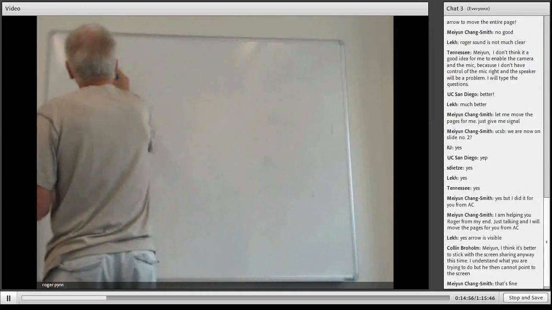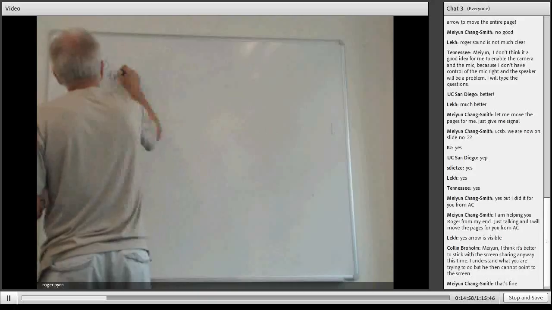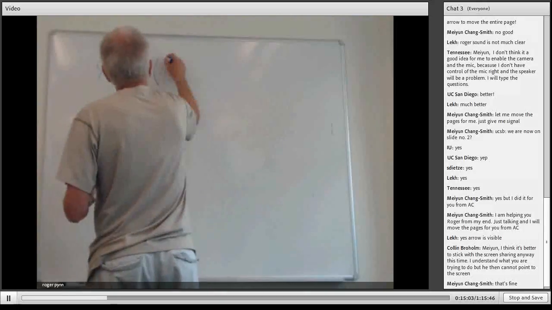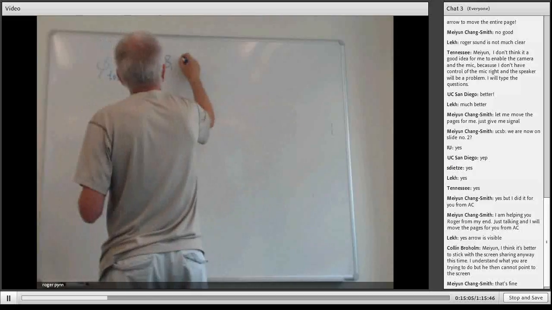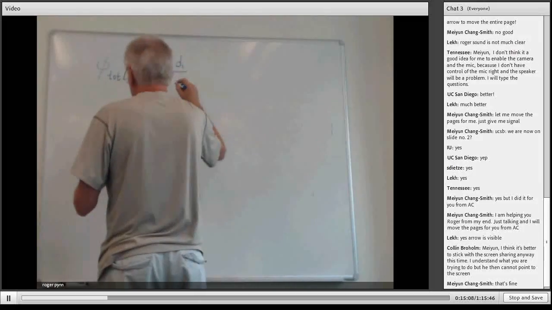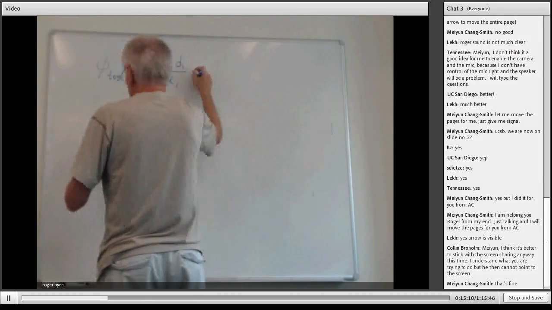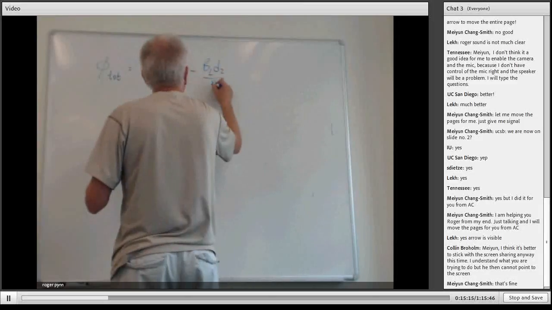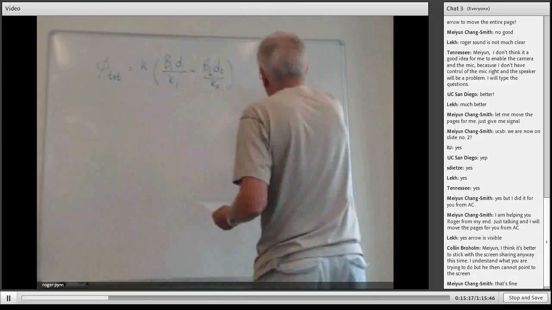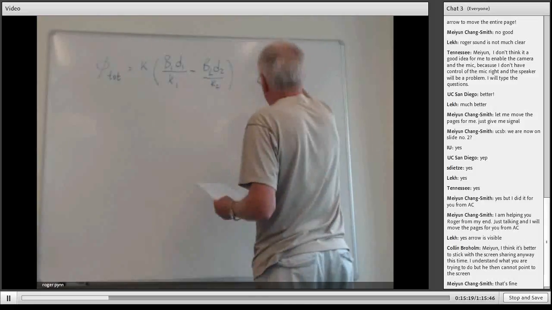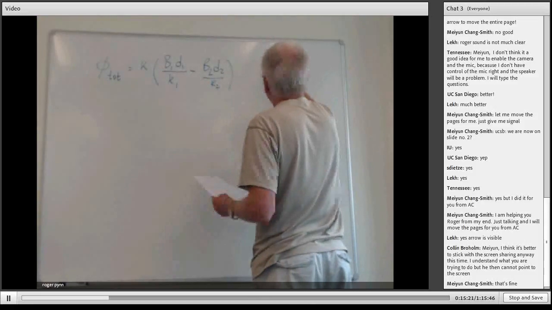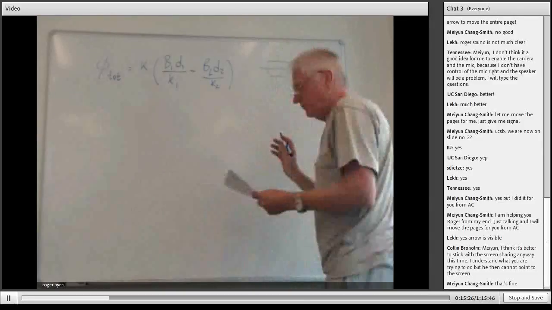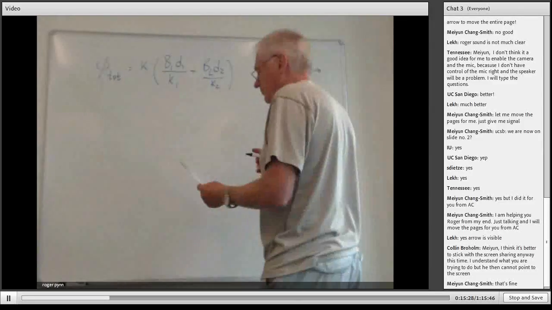And remember, the total phase that you're looking at here is just going to be some constant times the field in the incident beam times the length of the thing in the incident beam over K1 minus B2 D2 over K2. Now I'm back in the same geometry as I was before with perpendicular field boundaries in this thing. This is the first thing I'm going to do, and then I'll show you how to do the tilting.